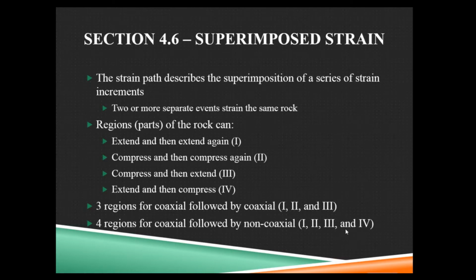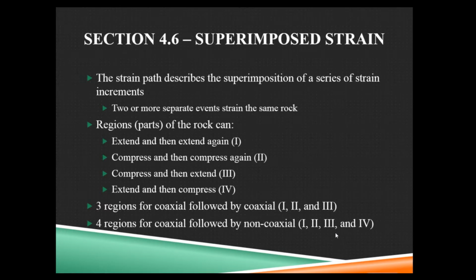So a strain path is going to describe this superposition of a series of strain increments. Different events happen, the rock gets deformed multiple times. Trying to decompose this and see that strain path lets you figure out what it used to look like.